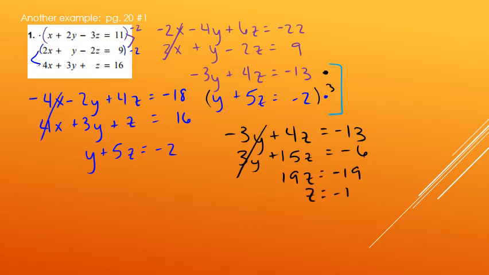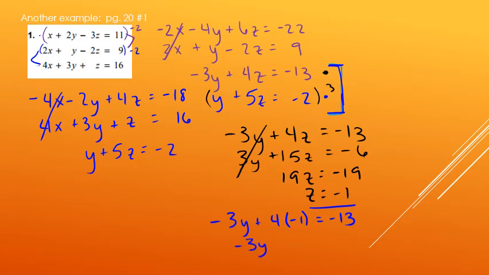So z is just -1. Now we're going to take that -1 for z, and we're going to plug it back into these equations. Okay, and it doesn't matter which one. Again, we can just plug it into the top like we have been doing. So that would be -3y plus 4 times z. Z is -1 equals -13.